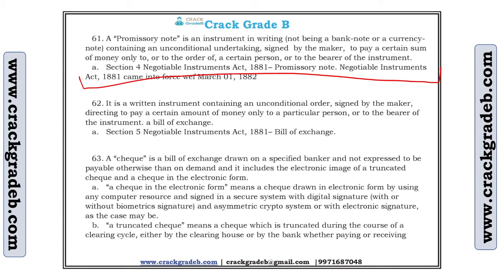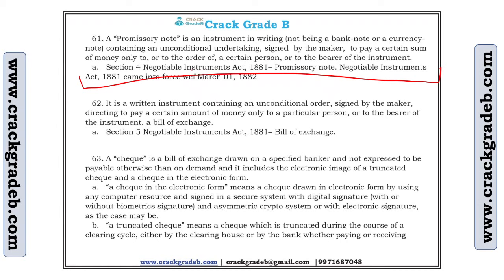Your friend will think, okay, my friend has guaranteed it, so he'll give me 1000 rupees, whereas I don't know him personally, he doesn't know me personally. So that promissory note, which is not a bank note or a currency note, which has an unconditional undertaking, उसने वो देखा, पैसा दे दिया मेरे को, that's a promissory note.